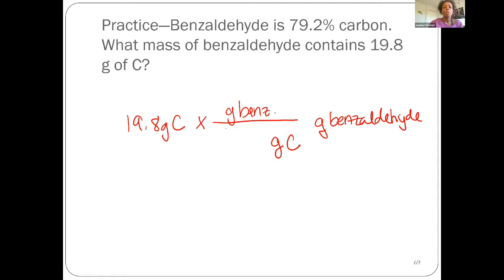So that tells me that there's 79.2 grams of carbon for every 100 grams of that benzaldehyde. When we plug that in, we get 19.8 times 100 divided by 79.2. And what that ends up getting us is 25.0 grams of the benzaldehyde.